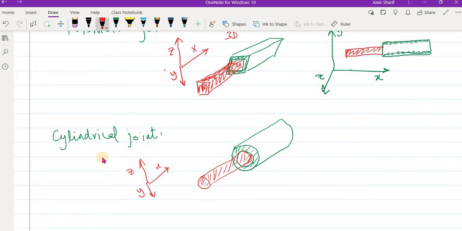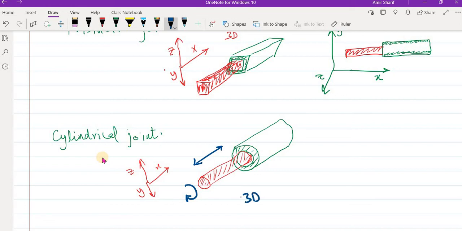This type of joint can have translation along the x-axis and also a rotation about the x-axis. It can rotate here, and also it can translate along the x-axis. But how many constraints in 3D?